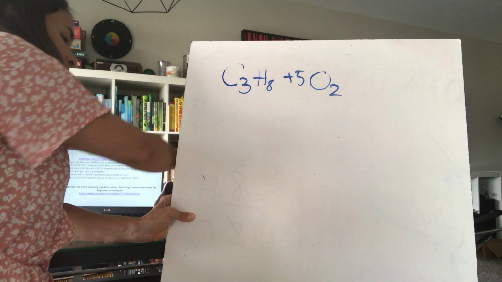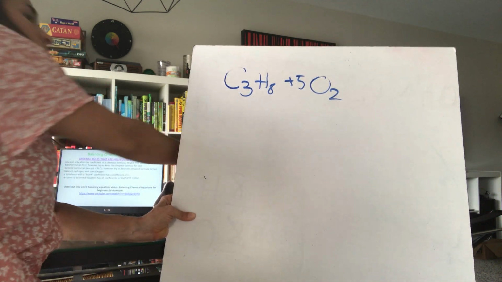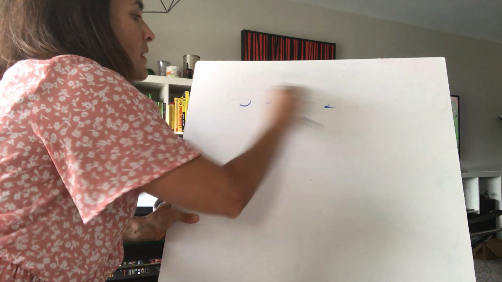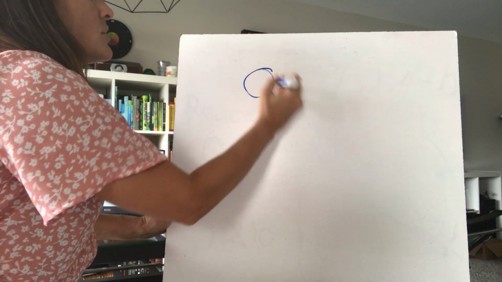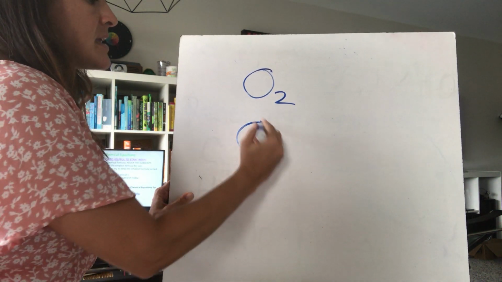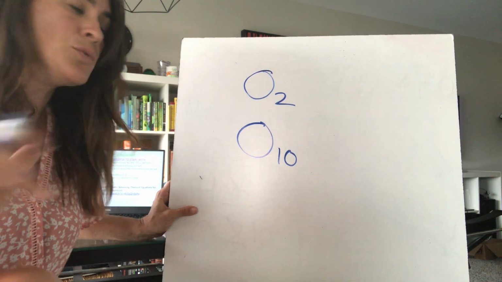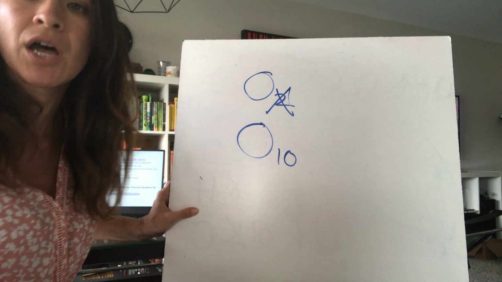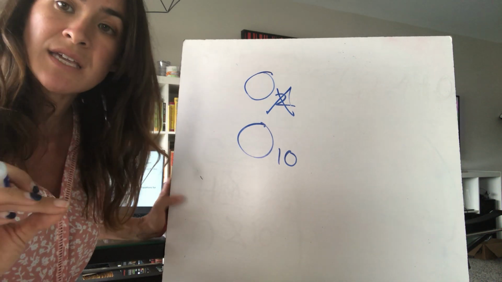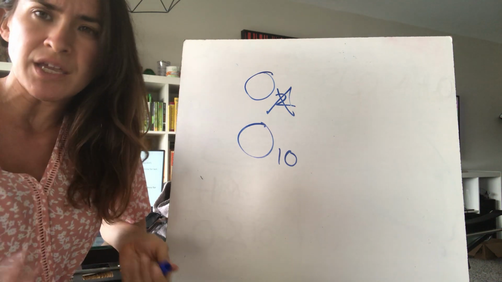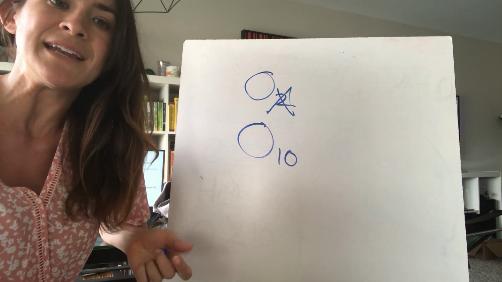So what it means by you can only alter the coefficient is, I could have, for instance, said to myself, oh, well, if I need 10 oxygens, then I'll just change the O2 and I'll make it O10. That is not allowed. You are never, ever, ever to touch the subscripts. The subscripts stay as they are. The reason being, if you change the subscript, then you change the formula entirely and it is no longer the thing that you wanted.